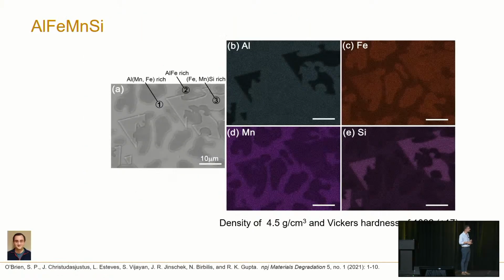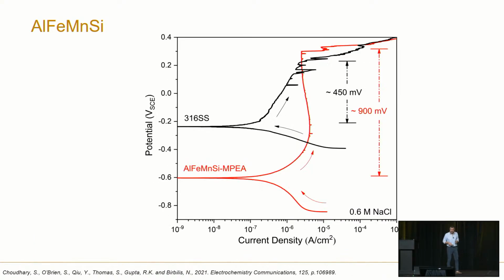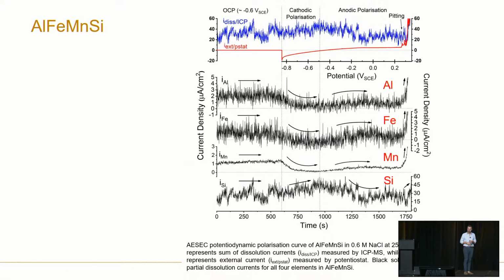And so we made this alloy, the aluminium iron manganese silicon alloy. As you can see, it turned out to be multi-phase, very, very hard, very low density compared to steel, but much better corrosion resistance than stainless steel. Quite remarkable, actually. So very, very corrosion resistant. This is some new work that's been published.